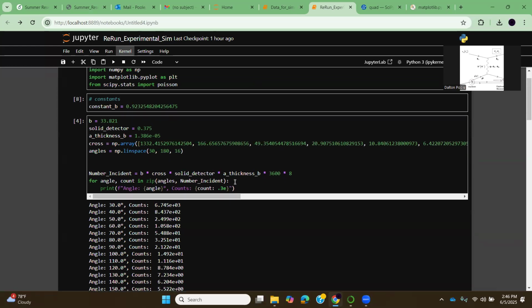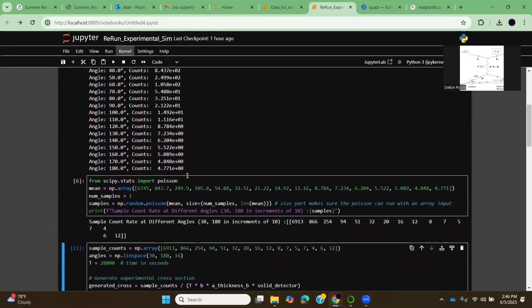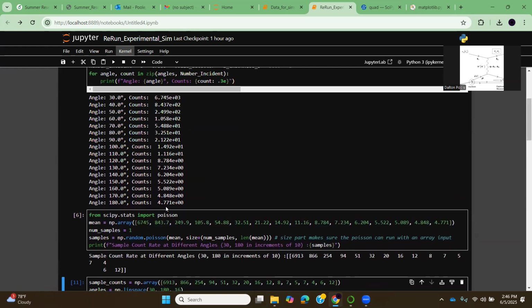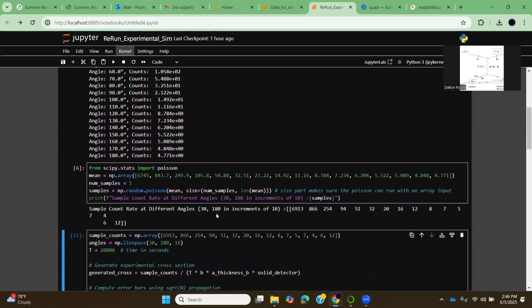Once I got those count rates, I do what's called a Poisson distribution, where I take those count rates as a mean and use the Poisson distribution function in Python to generate random count rates based on those mean values. Those would be the simulated experimental data.